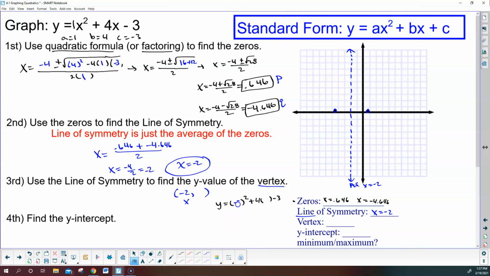So I'll plug negative 2 back into the original equation here. We end up with a positive 4, negative 8, and a negative 3, which ends up giving us negative 7. And there's my vertex. Go over negative 2, down 7: 1, 2, 3, 4, 5, 6, 7.